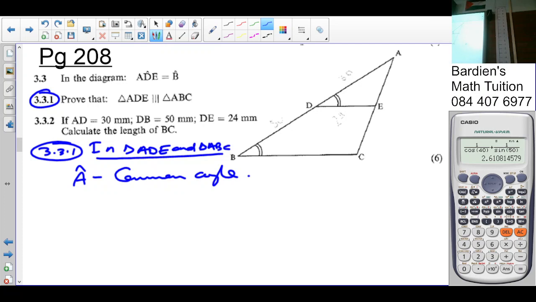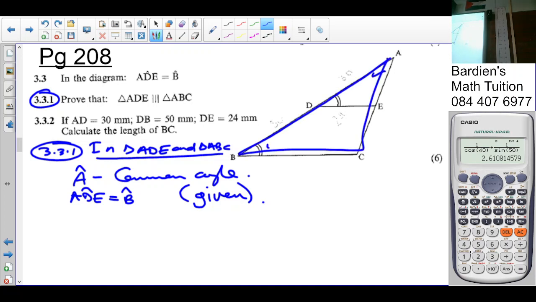What else can we say? Angle ADE is equal to angle B. As you can see, that was given to us. So in this triangle we have accounted for A and B, so C is what we're left with.